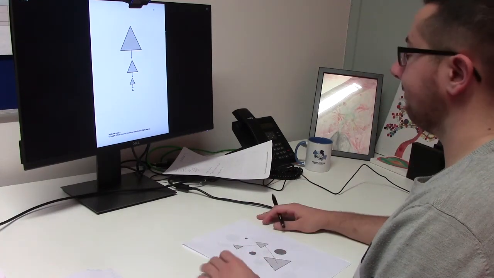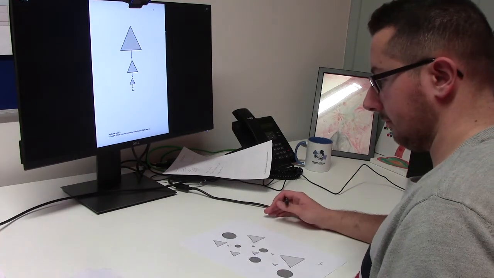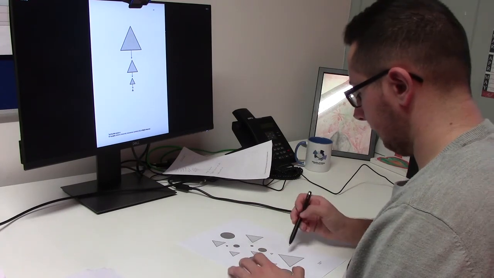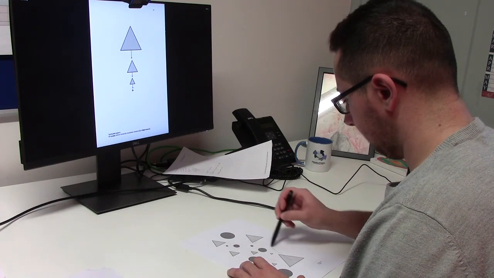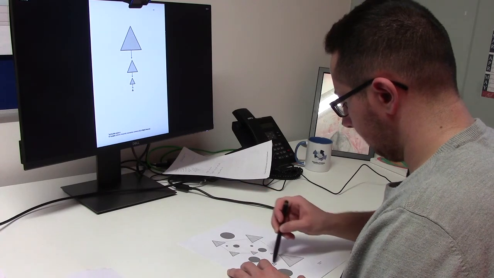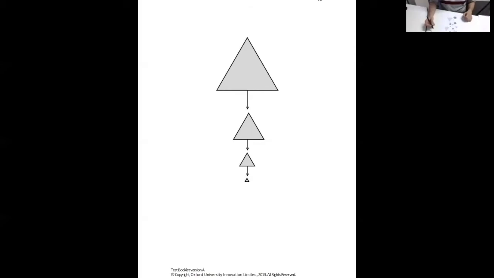Excellent. So if you turn over to the next page again, and here again, you start with the biggest triangle and just draw a line connecting all the triangle shapes. Fantastic. Now to the next page again.